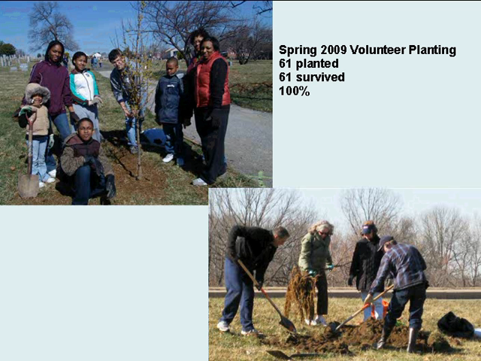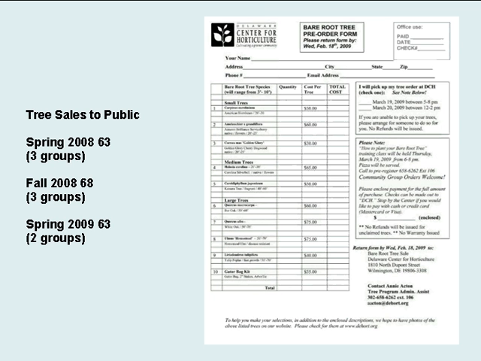And it seems like people find that planting trees is fun and rewarding, and they ask us again and again, when can we do more? So that's probably one of the downfalls of the bareroot trees, is you can pretty much only do it during the early spring or late fall.